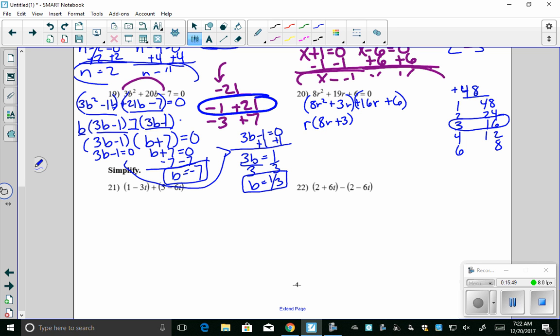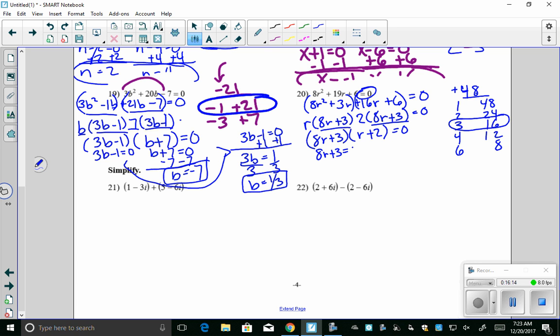And it looks like 2 is going to be the other one. So I'm going to have 2(8r plus 3). Well, they're in common. So I'm going to write (8r plus 3)(r plus 2) equals 0. And I forgot to set all of these equal to 0. That 0 does not go away.